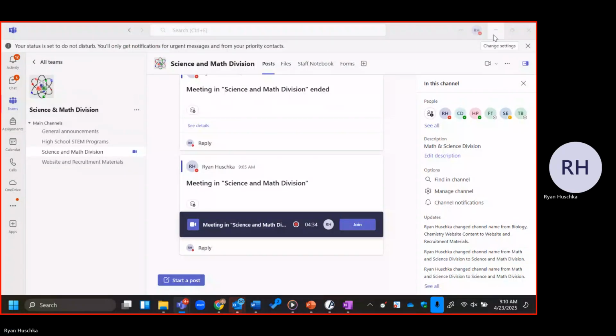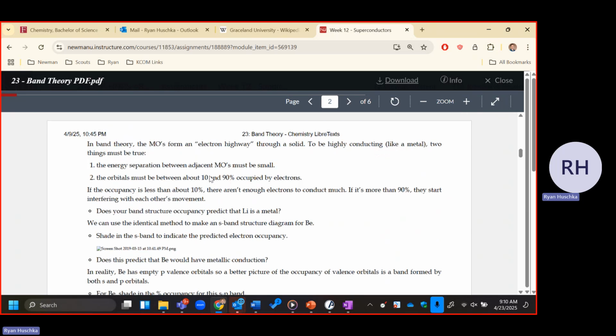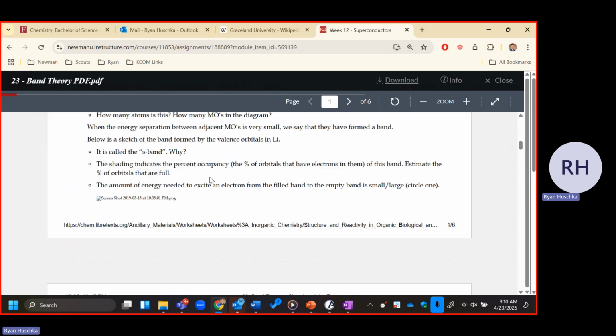So let me share with you at home what we're looking at. Let's do the screen. Okay, so we're looking at that question right there, or that statement right there that I just read out aloud. All right, so does your band structure occupancy predict that lithium is a metal? So what did we have up here for lithium?